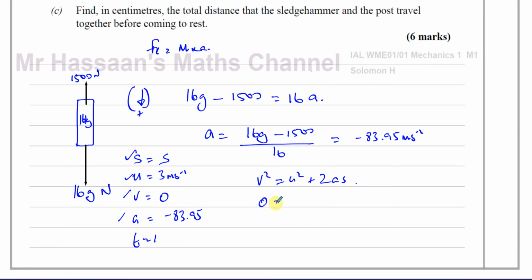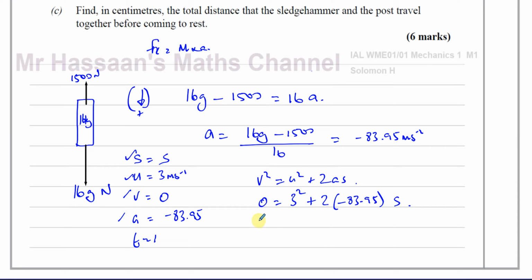And we know V is 0. We know U is 3. We know A is negative 83.95. And we've got to find what S is. Okay, so this is 3 squared, because U is 3, that's 3 squared, that's going to be 9.